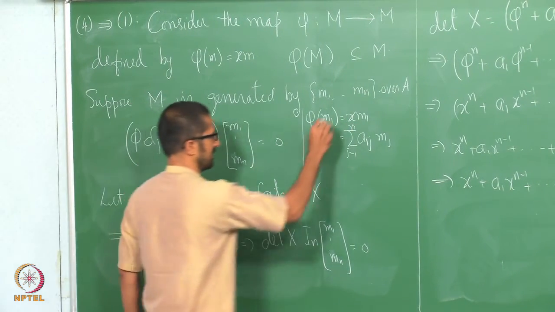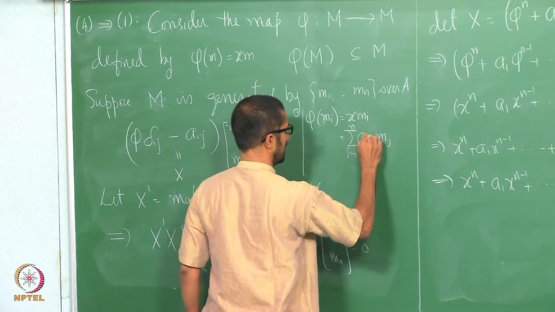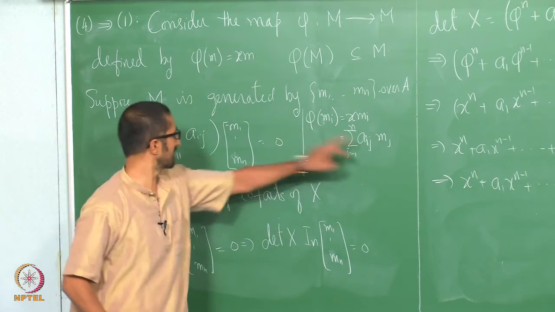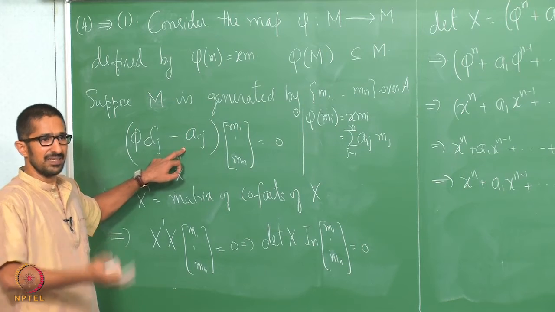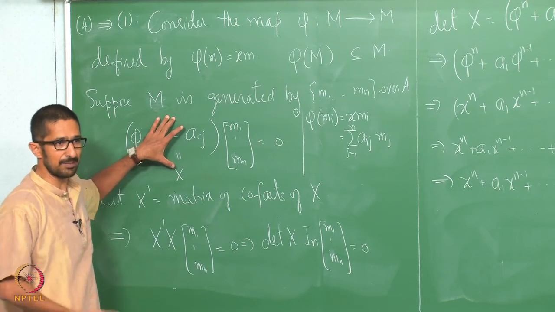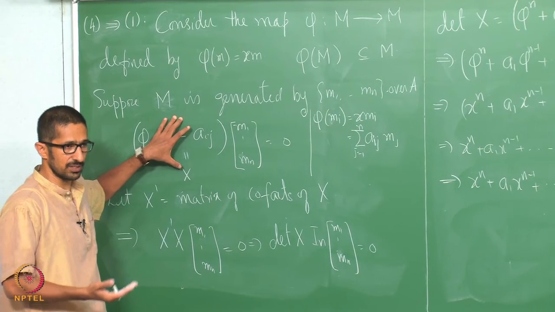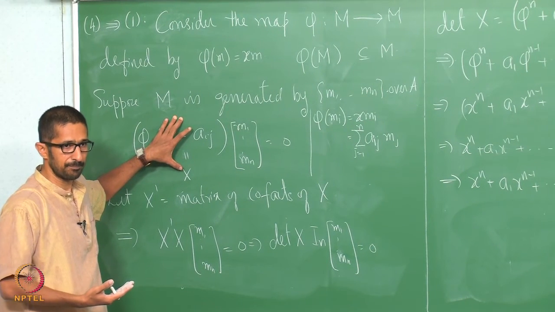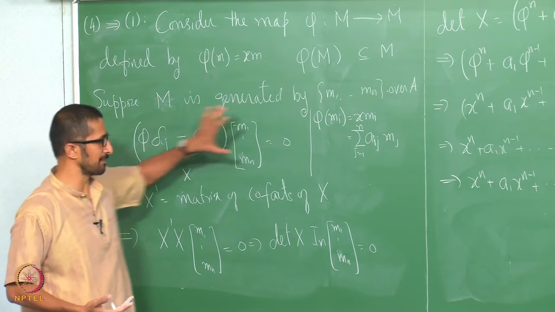Similarly, for each i, m_i is this, and these are these coefficients. This is the same matrix that we considered while proving the Cayley-Hamilton theorem, or the lemma before Nakayama's lemma. So, the matrix is the same as that.